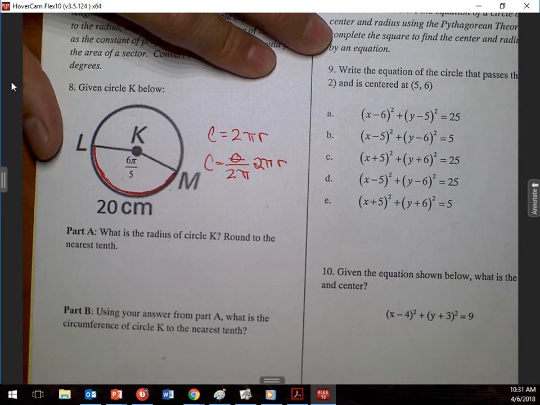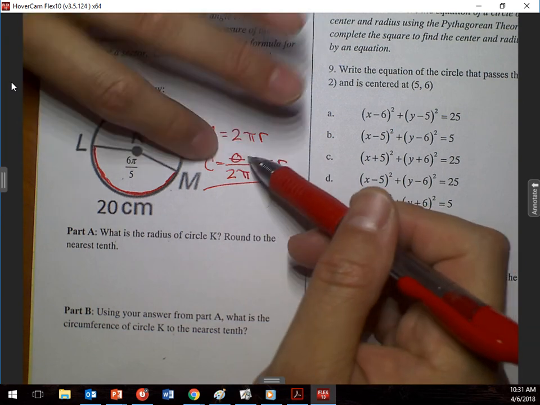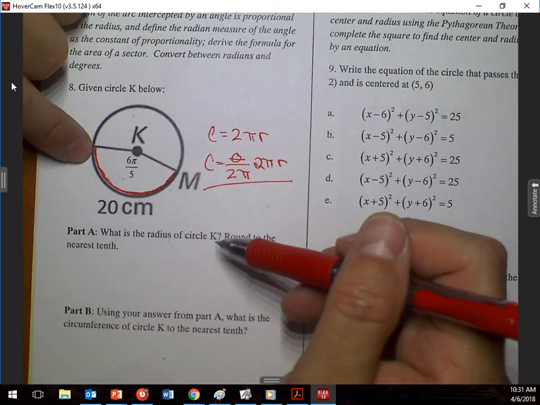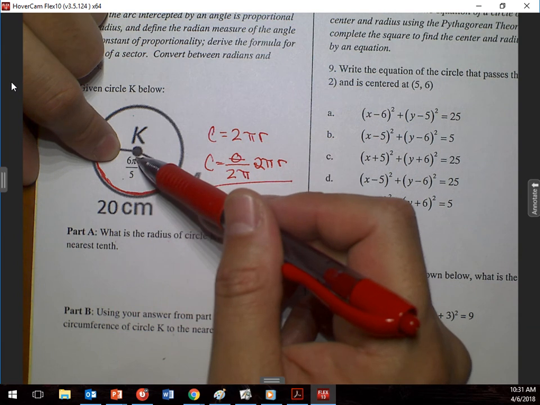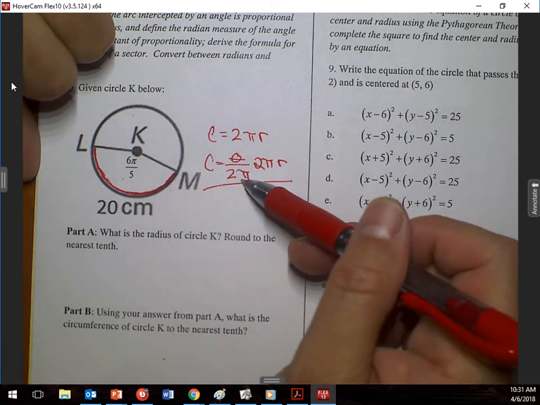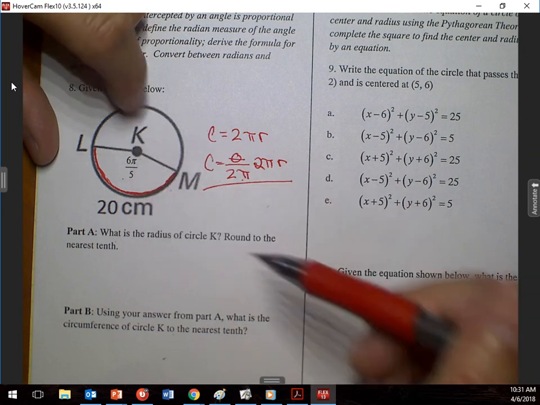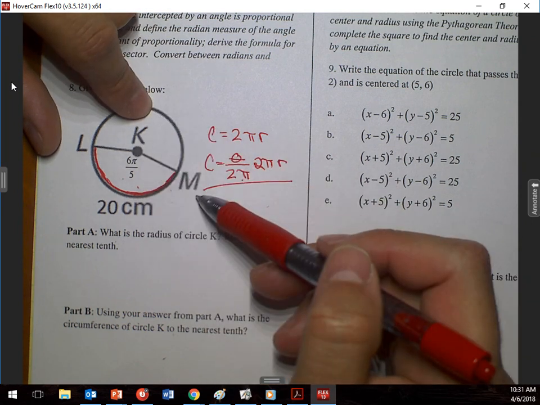Okay, when we actually did this in the notes, we didn't do too many problems with just the radians. All you have to do is identify that a whole circle in radians is 2 pi. A whole circle in degrees is how much? 360.